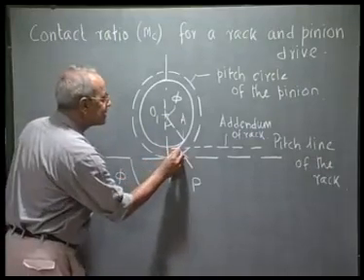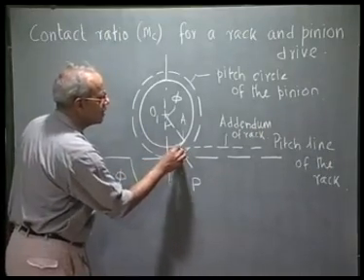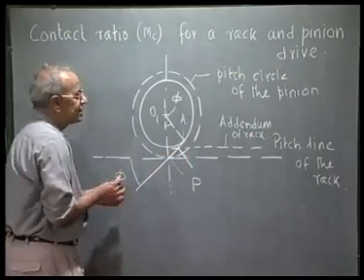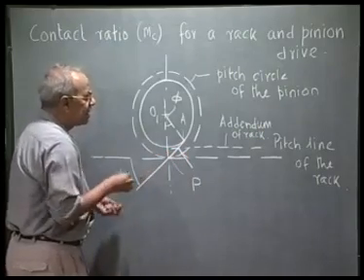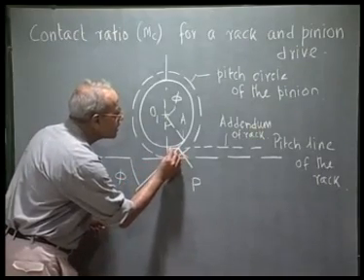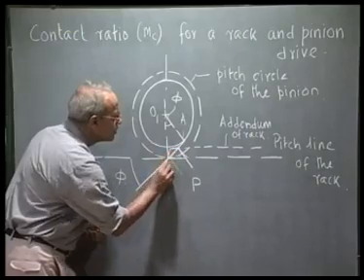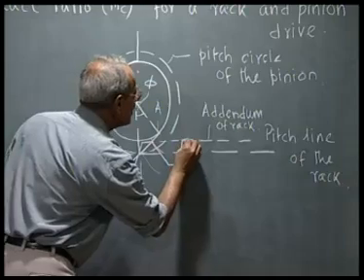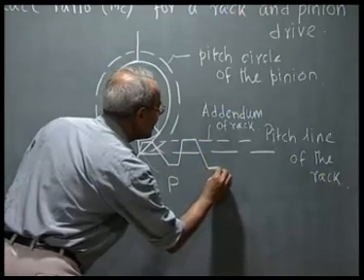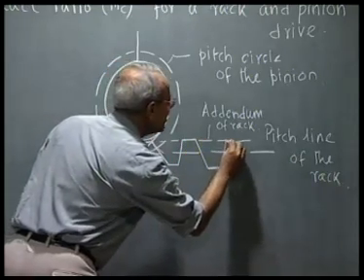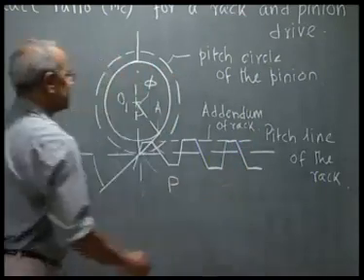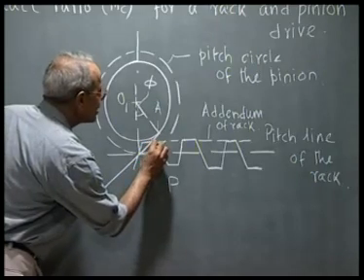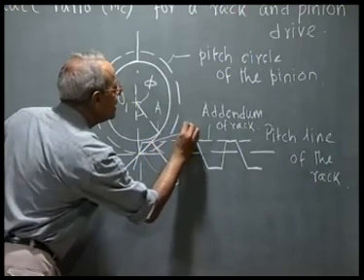The contact starts at this point between the pinion tooth and the rack tooth on the line of contact. This is the addendum line of the rack. If I complete the rack tooth, it will look something like this. This is the rack. At this beginning of the contact, this point let me call E.